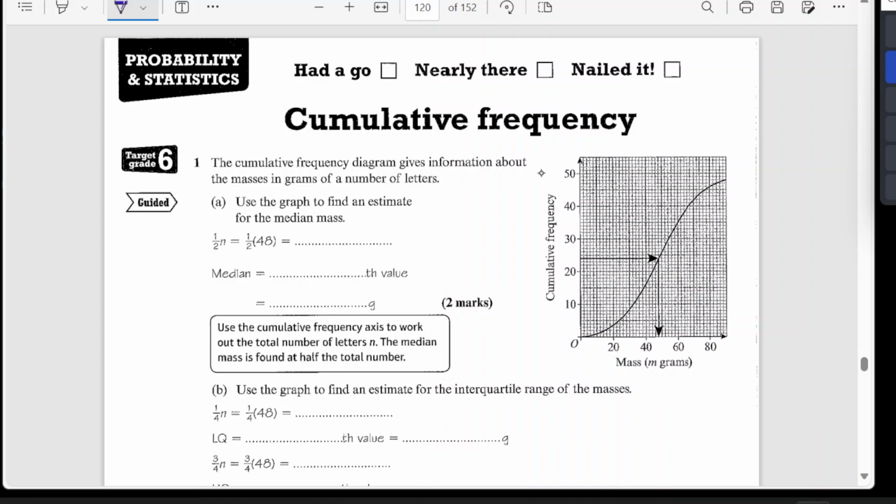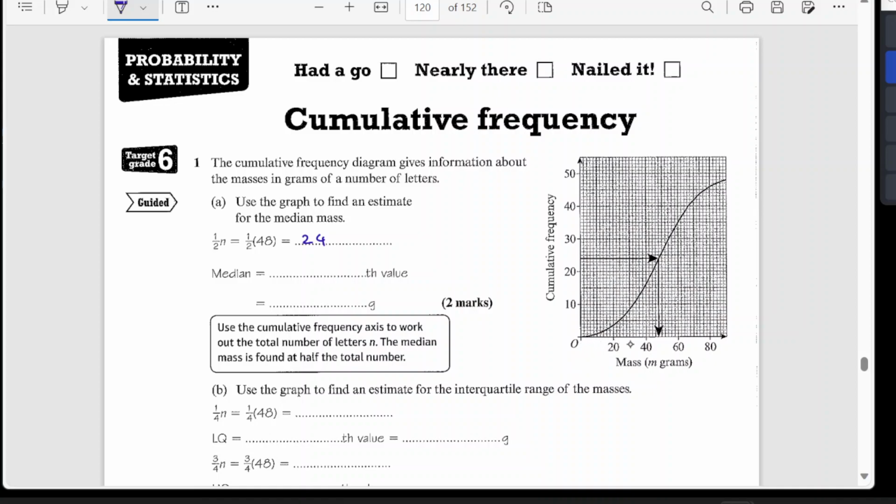So for the median mass, from the cumulative frequency, we can work it out. Well, we've got the scaffold here anyway. If we look at the scales, they're going up in ones, so the total is going to be 48. Half of 48 is going to be 24. Then we go across at 24 until we hit our graph, go down and read off our value.